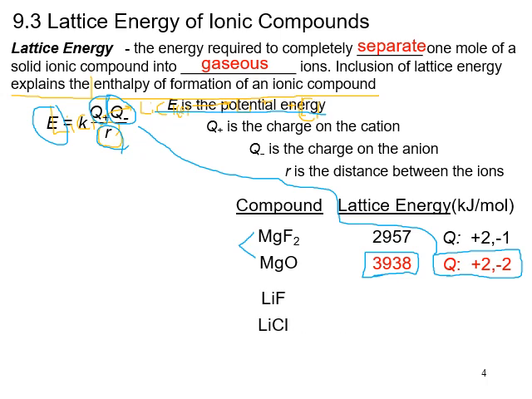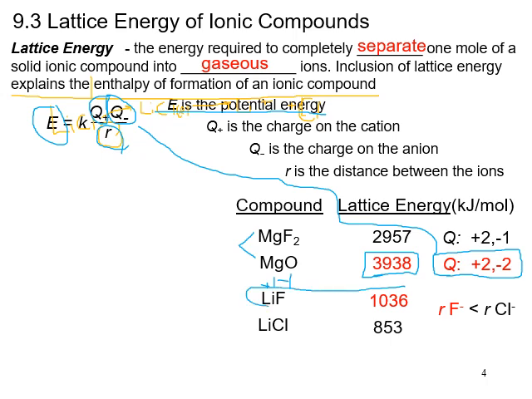Let's look at another example. Lithium fluoride versus lithium chloride. Lithium fluoride lattice energy is 1036. Lithium chloride is 853. Now you'll notice the Q's on these are +1 and -1 for both. So that is not the factor that can explain the differences in these lattice energies. It must be how close they are to each other.